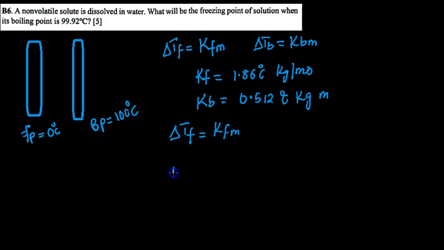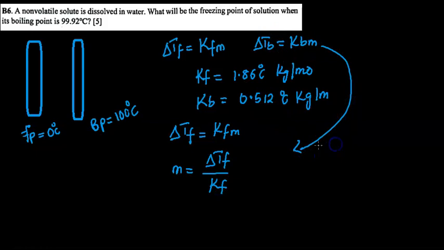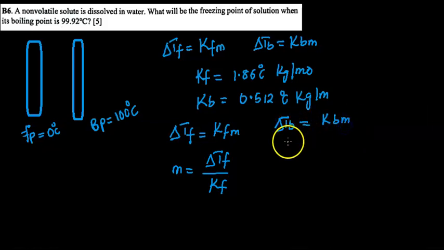What about in the case of delta TB, which is the change in boiling point? This is simply going to be KBm, and if we are asked to find the molality, it is simply delta TB divided by KB. So these are some basic things which we need to use to solve this problem.